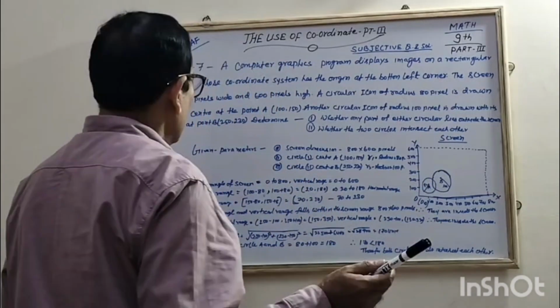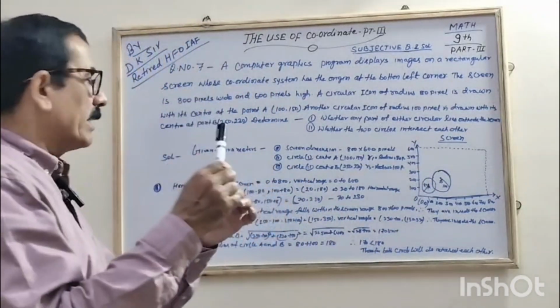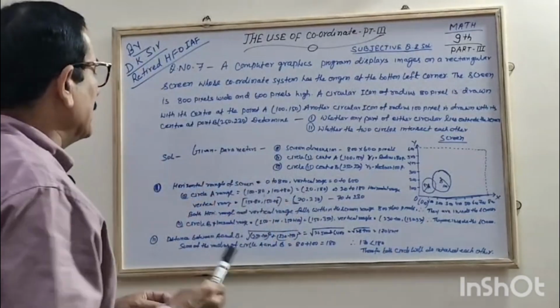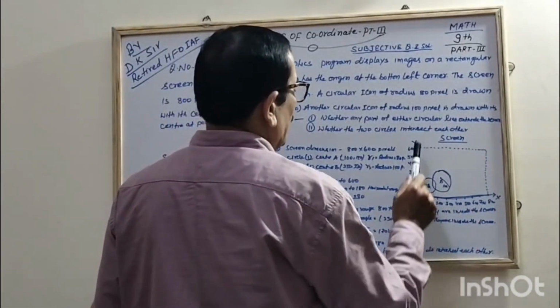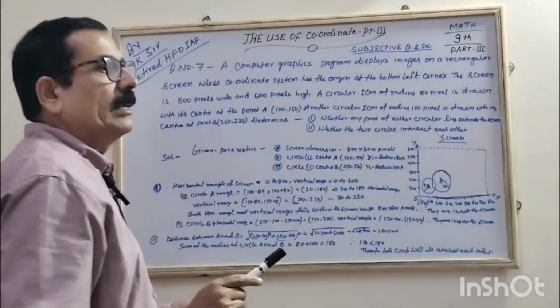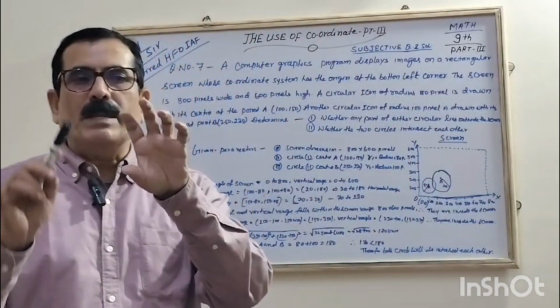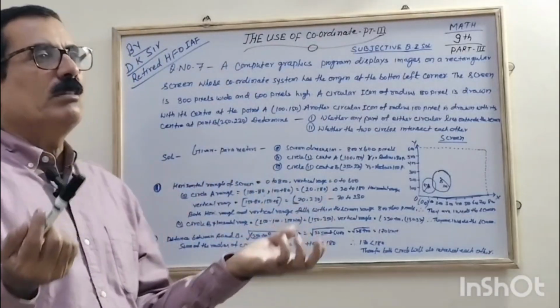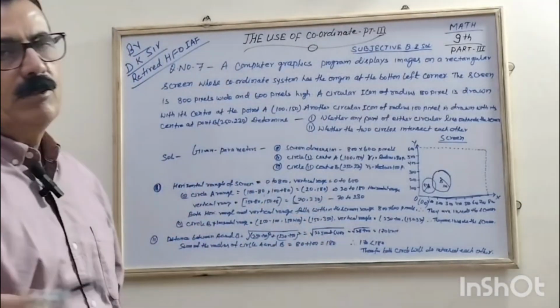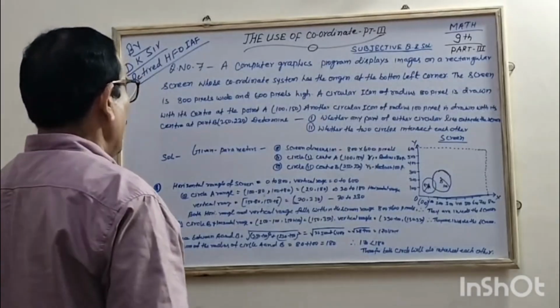First we will see the horizontal range. The horizontal range of the screen starts from 0 to 800, and the vertical range is 0 to 600. Any icon on the screen should be inside. If any coordinate is out of that, it will certainly go out of the screen.